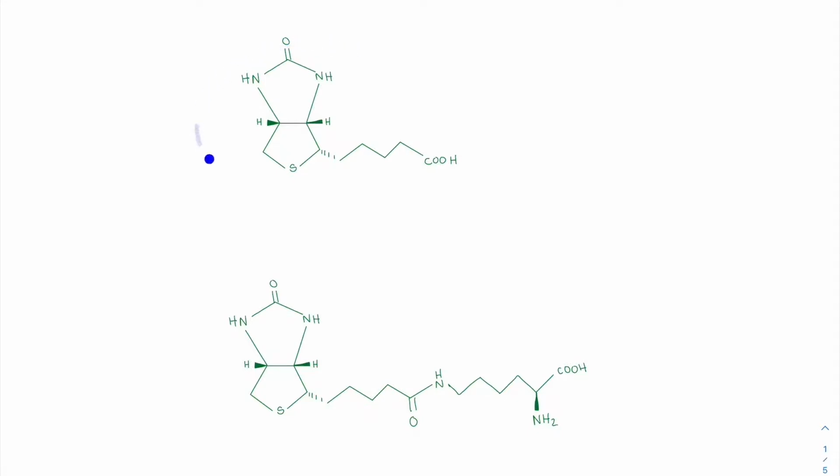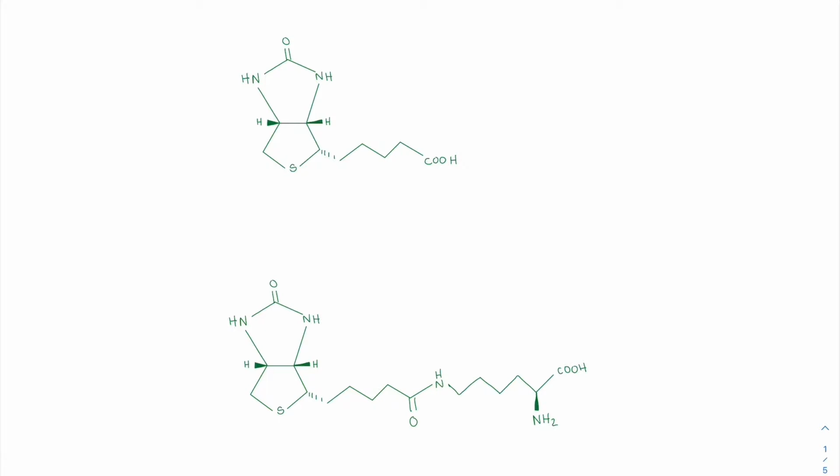Now, biotin is bound at the lysine amino acid in protein, so bound right here. This is where this attaches. You eat the whole protein, and then the biotin is attached there at the lysine. With peptidases, they break down our protein and what we end up with is biotin.